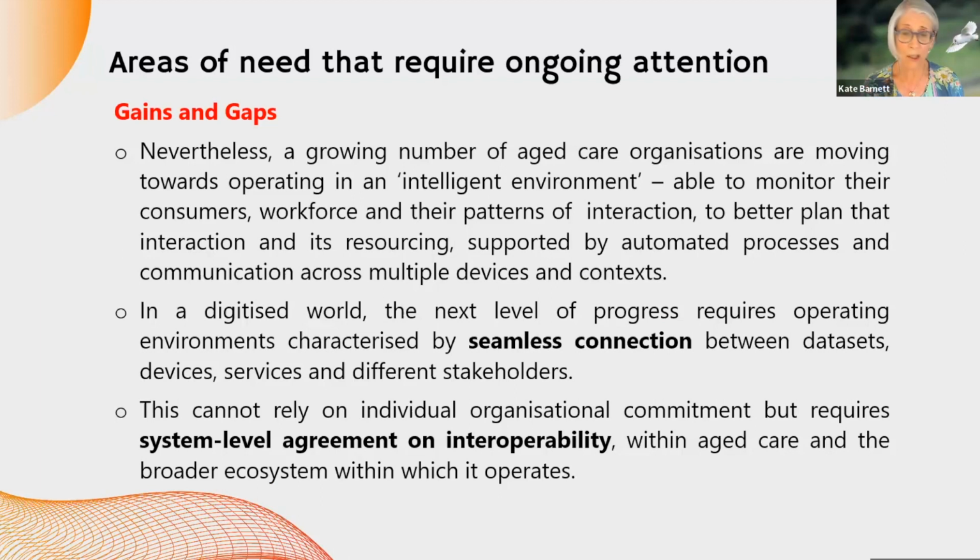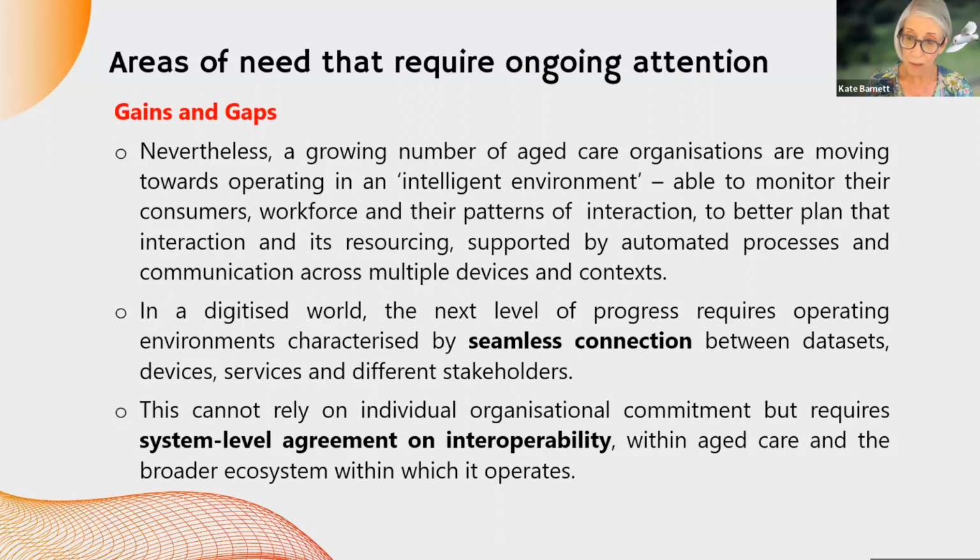We are seeing, and Jennene's presentation also alluded to this, a growing number of organisations operating in more of an intelligent environment, using automated processes, using artificial intelligence, to better plan their resourcing and how they deliver services, to make them not only more effective but more efficient.